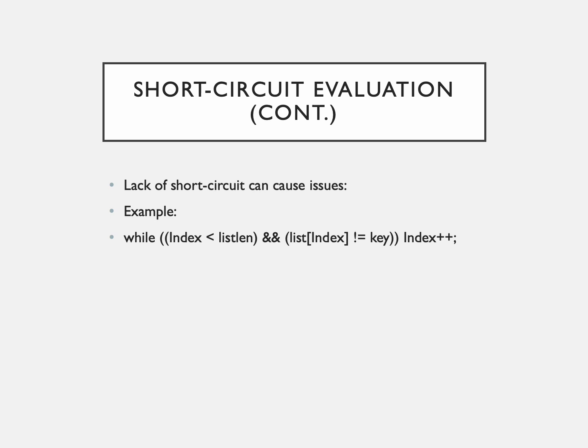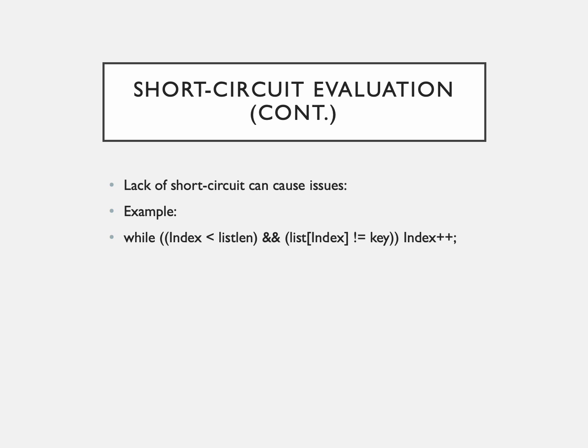For example, look at this: while index is less than list length and list[index] is not equal to key, index plus plus. This loop is searching through an array list for a key. The first condition checks if index is still within the bounds of the list. The second condition checks if the current element is equal to the key.